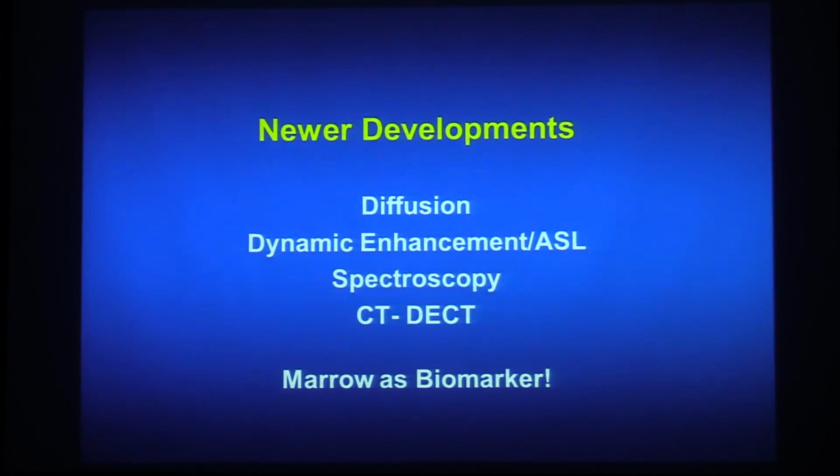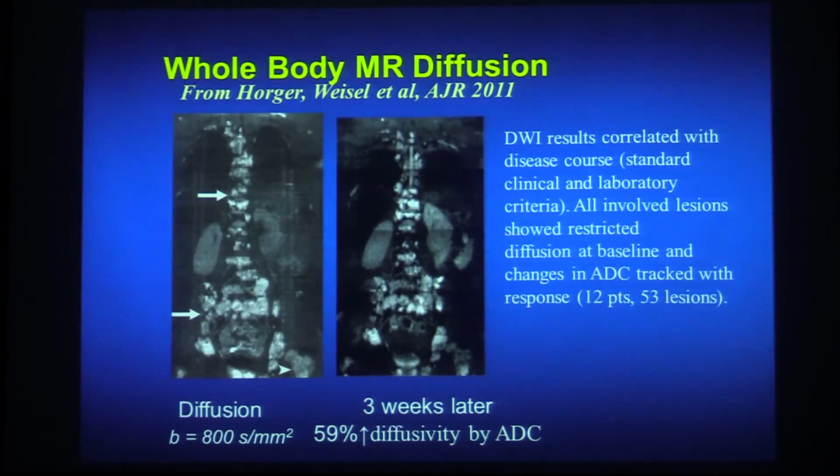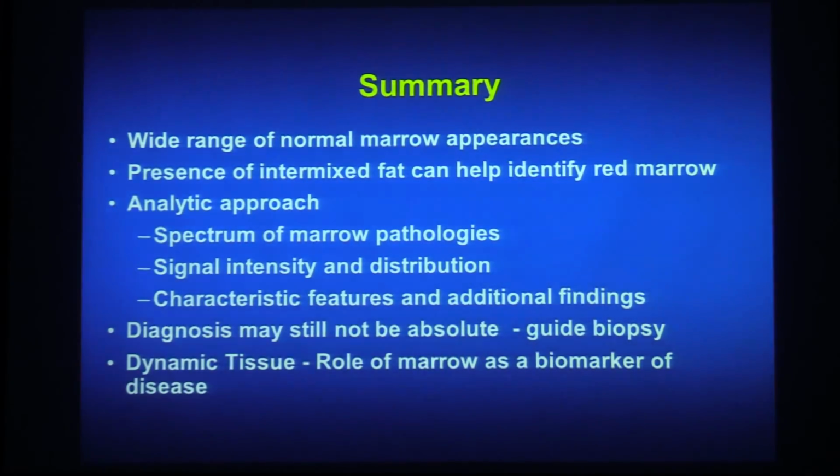And just this important concept that marrow is a biomarker. This is an image from the literature talking about the utility of diffusion weighted image to follow response to treatment in metastasis. The diffusion is restricted in the met, and as the patient is treated and responds, you see less restricted diffusion on the ADC maps. That's a topic unto itself.